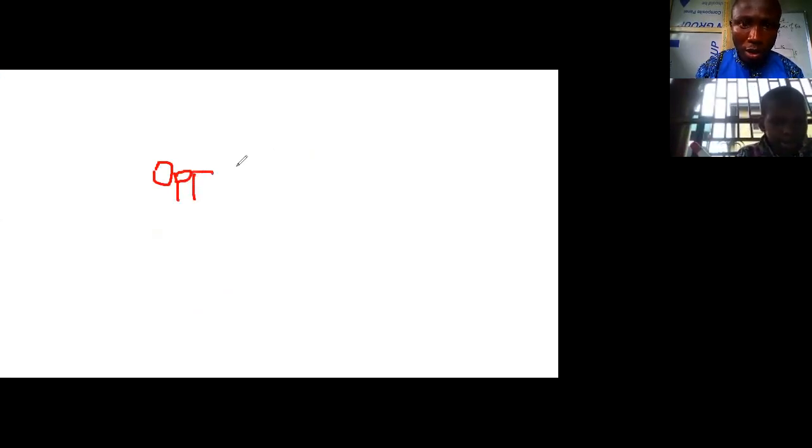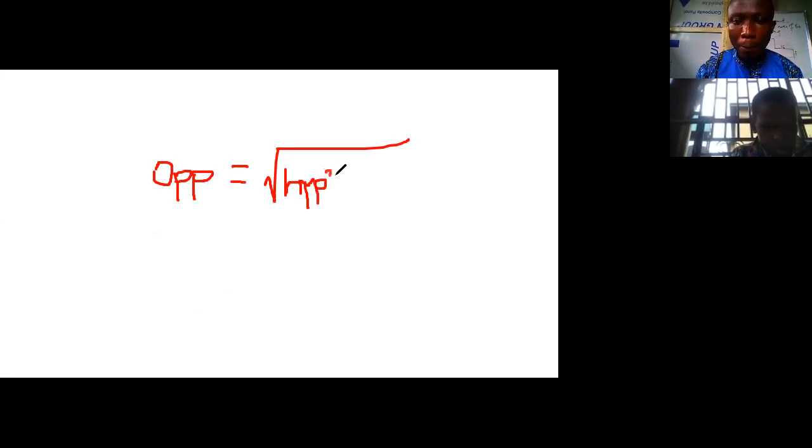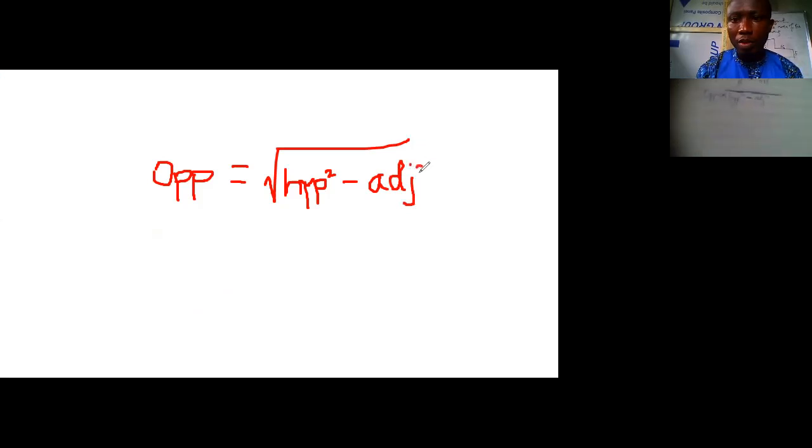Only opposite is equal to the square root of hypotenuse squared minus adjacent squared. Okay, that's good.